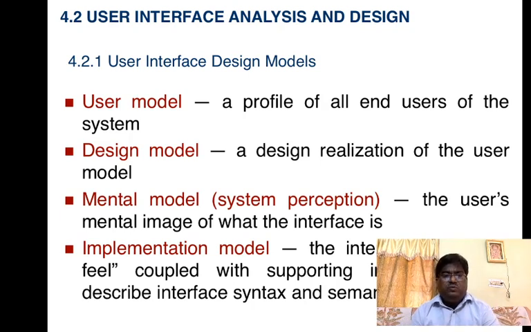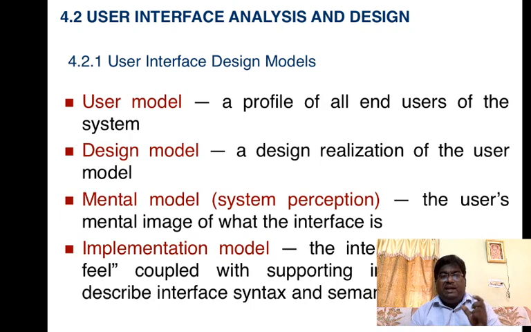Once that stage is over, the second stage, as I told you, is planning. Planning is nothing but analysis. Here we should analyze the user interface, how the user is going to interact with the system. Who are the users? What are the different types of users?